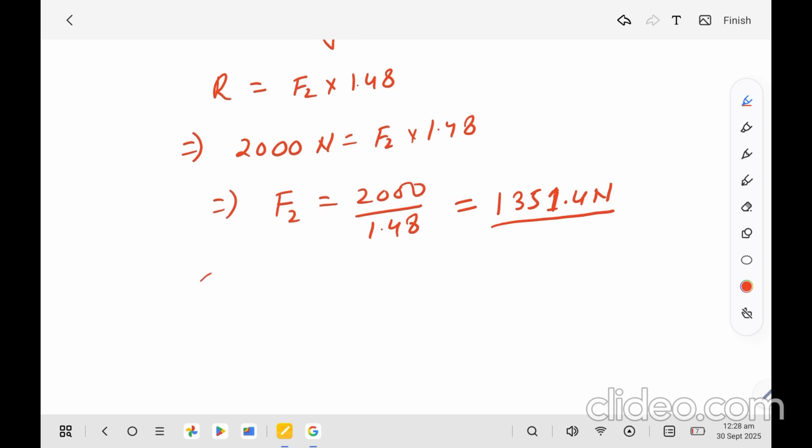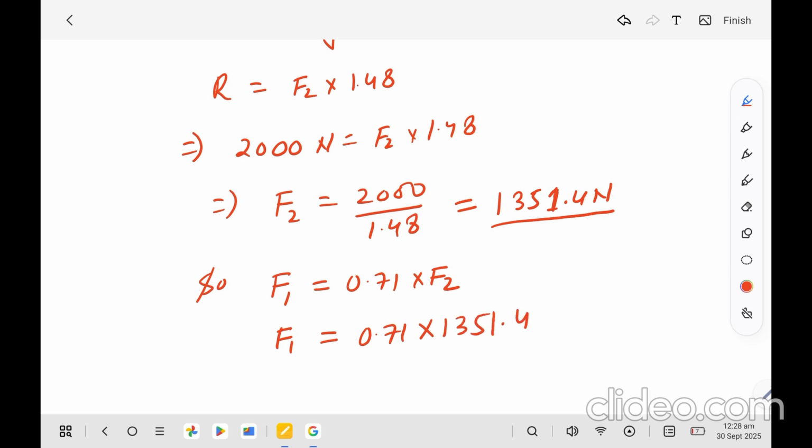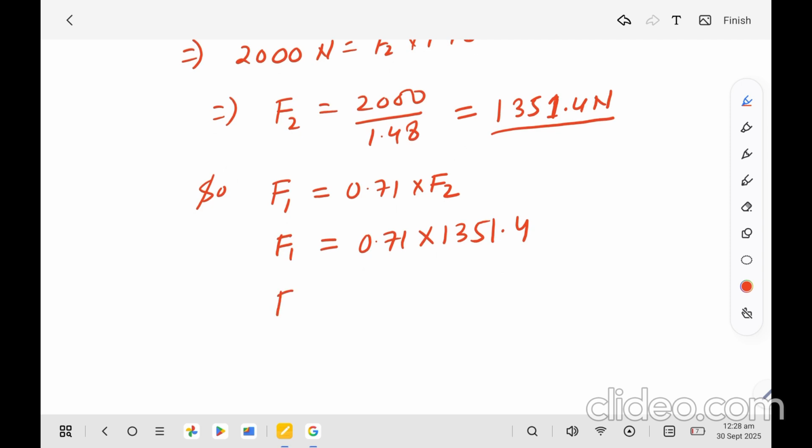Okay, so F1 will be 0.71 into F2. So we can estimate F1 as 0.71 into 135.4. So F1 is equal to 95.95 Newton.